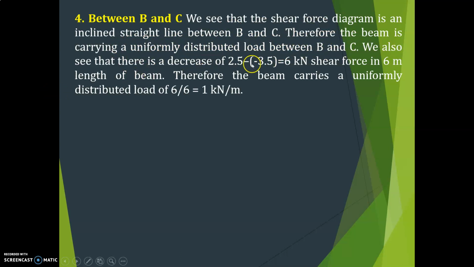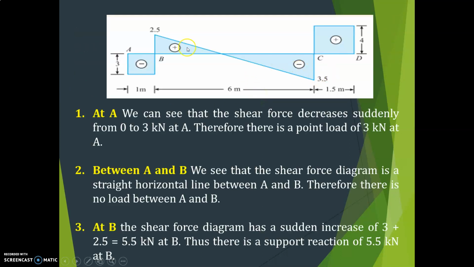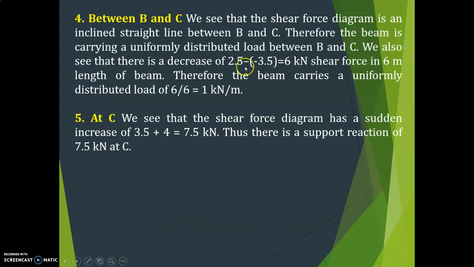We can also see a decrease from 2.5 to minus 3.5 here. So 2.5 minus of minus 3.5 becomes plus, so 2.5 plus 3.5 is equal to 6.